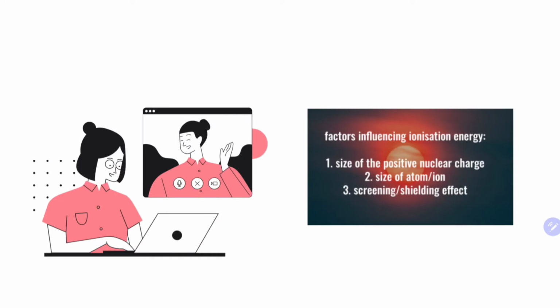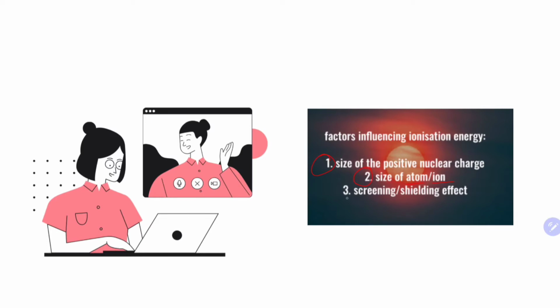The ionization energy is affected by 3 factors. The first is the size of the nuclear charge. The second factor is the size of the atom or ion: atom for the first, ion for the next, the second or the third or the fourth.